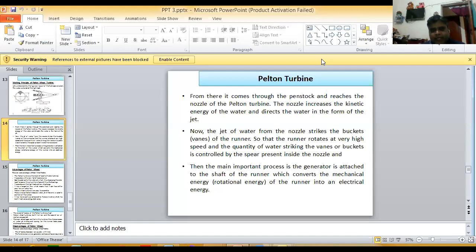Now the jet of water from the nozzle strikes the buckets of the runner so that the runner rotates at very high speed, and the quantity of water striking the buckets is controlled by the spear present inside the nozzle. And then the main important process is the generator is attached to the shaft of the runner, which converts the mechanical energy, that means rotational energy of the runner, into electrical energy.